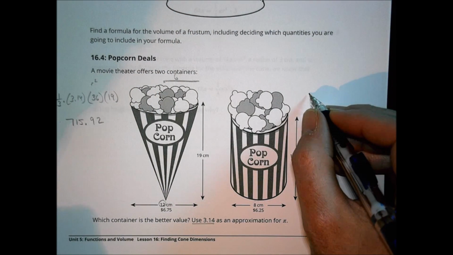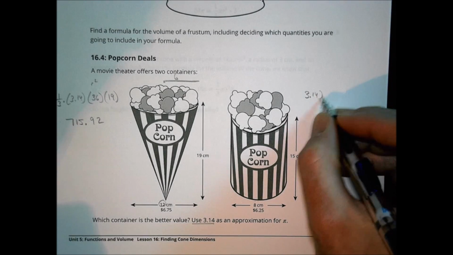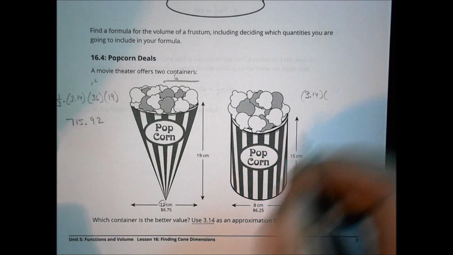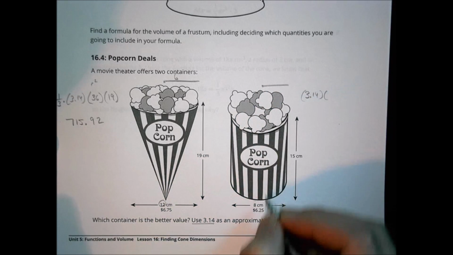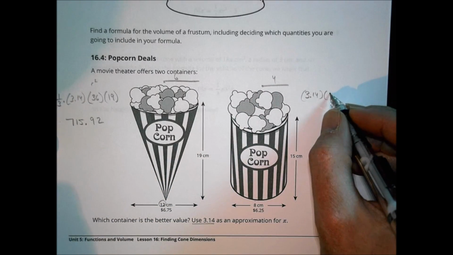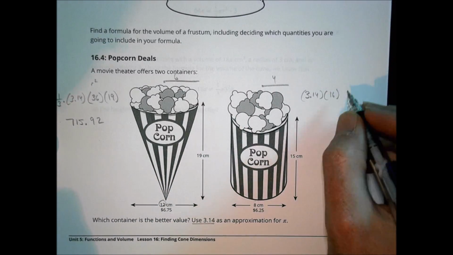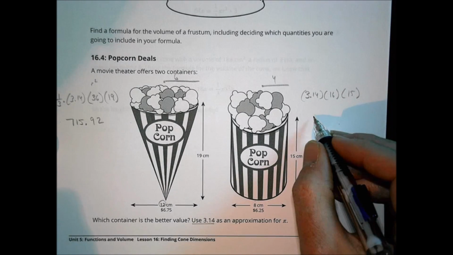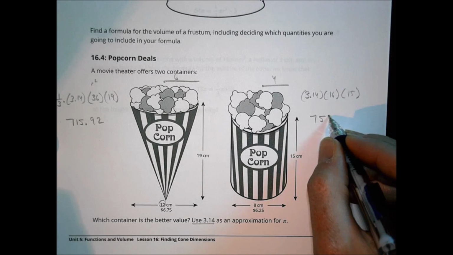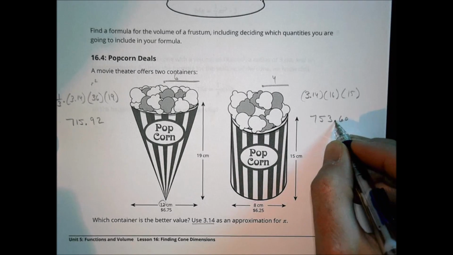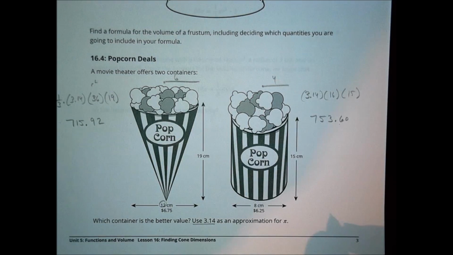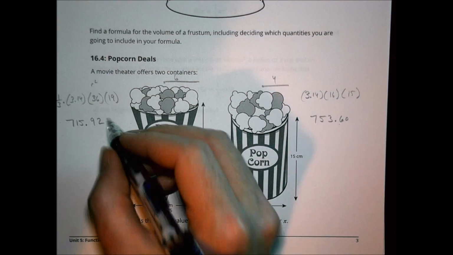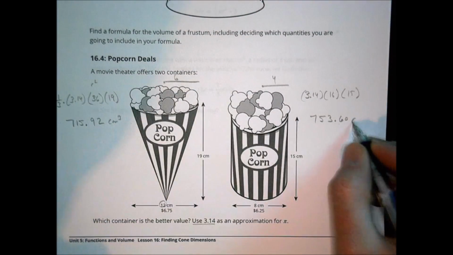Except I'm going to take pi, 3.14, multiply by the radius squared, in which case is half of that, which is 4. So that's going to be 16. 4 squared is 16, times the height, which is 15. And I multiply this out, I'd have 753.60. All right, and that's how much is in that container. This would be like centimeters cubed, centimeters cubed.